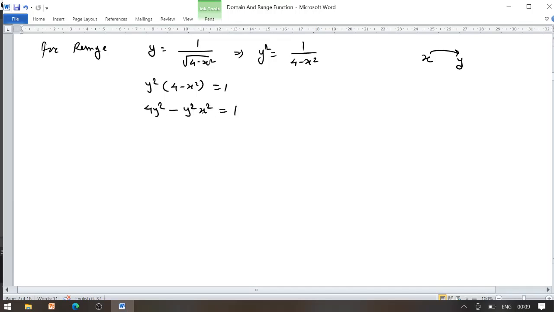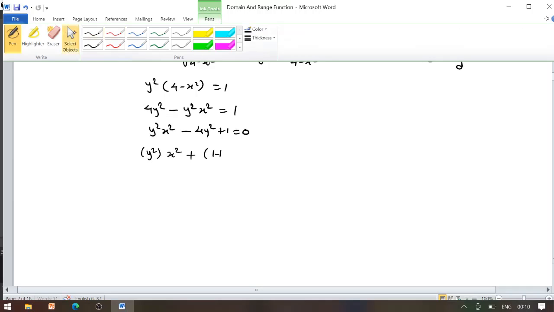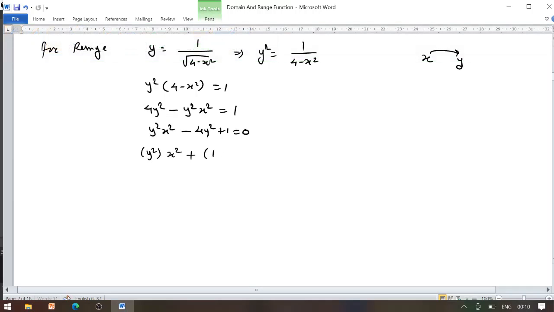So let us rearrange the given quadratic equation in the standard form. We have y²x² - (4y² - 1) = 0. So it is quadratic in x. The x² coefficient is y², while the constant term is 1 - 4y².